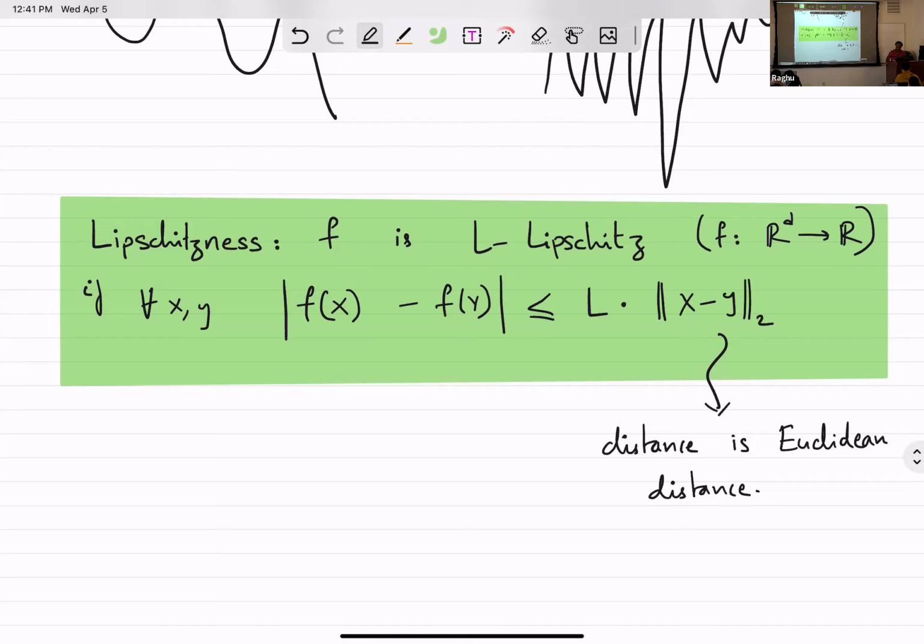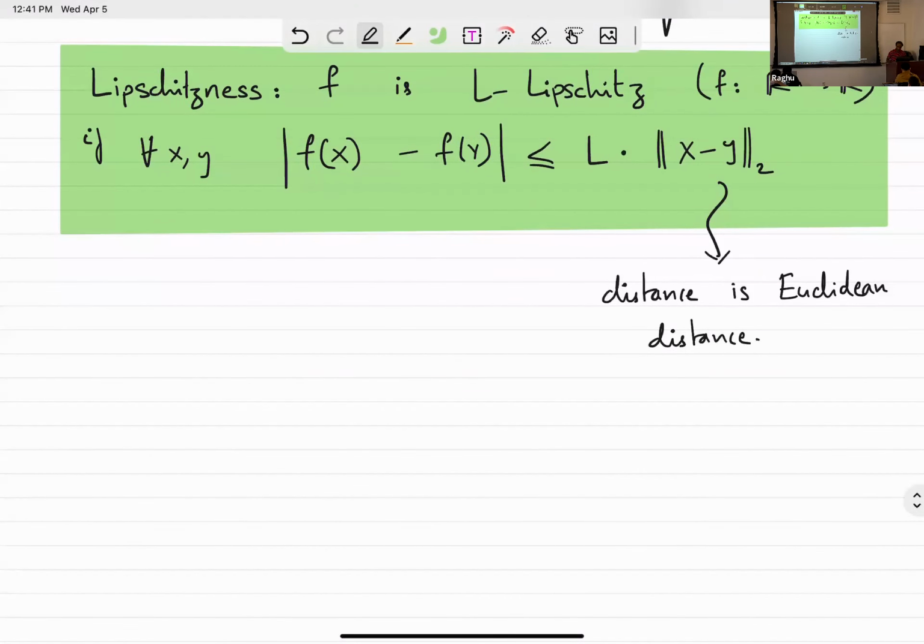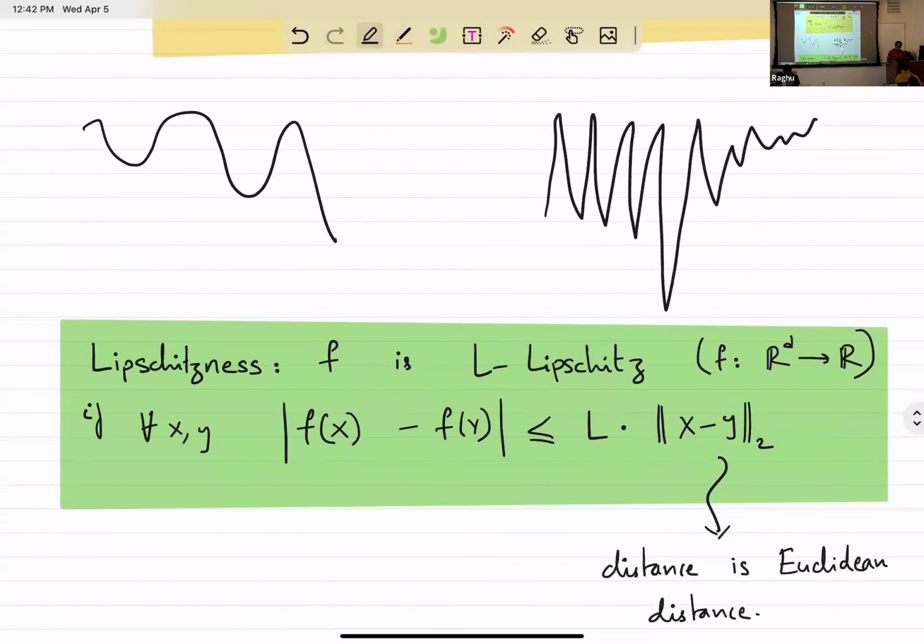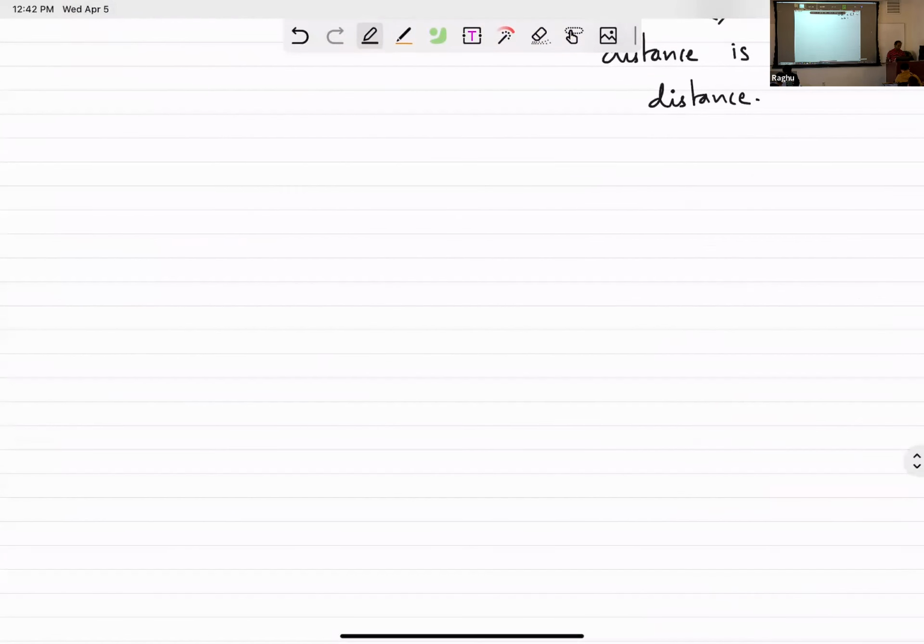Okay. So if I only change my point by moving 1 unit away, then my function value only changes by L. All right. So this is the first level of smoothness of the function. The other thing that we need is continuity of the gradient itself. So what do I mean? Let's take an example.